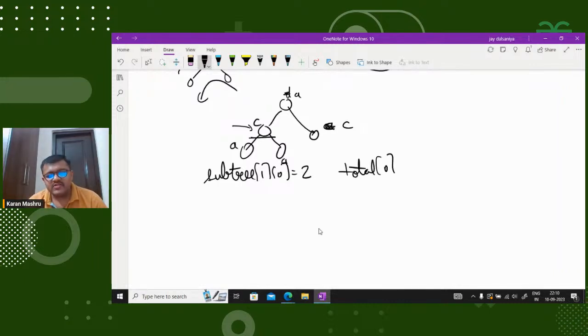Total of 0 is 3. From 3 if I subtract 2 I'll get 1, that is the a in the remaining part, right? So this will be 2 into 3 minus 2. So I'll get two paths.